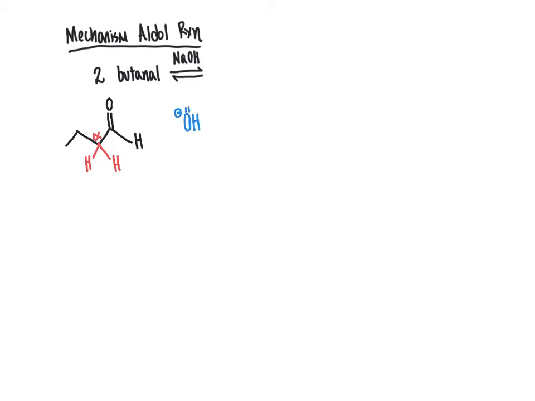It's going to be a spectator, meaning it's along for the ride, but it's not actually doing anything in the reaction. So my equilibrium arrow here for this acid-base reaction, and I have my base come in and grab a proton from that alpha position. We're going to remove a proton from the most acidic alpha position, and the only alpha position in this molecule is the one right here. So that's where we're going to remove that proton.